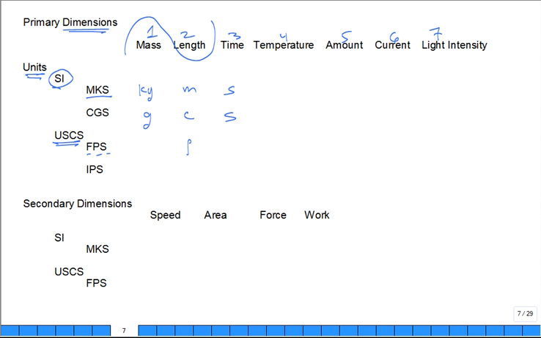So foot, force. Well, okay, call it a pound mass then. Pound mass, second. An inch, pound mass, second. All right. Temperature, Kelvin. Amount, mole or kilomole.